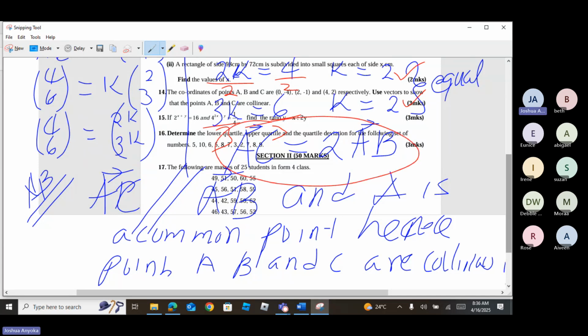We say that if that is possible, the 2 vectors are parallel. And these 2 vectors must share a common point. In this case, A is common. Then we conclude and say the points A, B, C are collinear. They lie on a straight line. I think we are done with that. Let us go to another example.